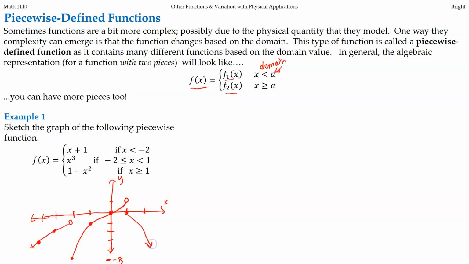I'm not going to spend the time to finish the graph, but that's what it would look like. So you have 3 different pieces, and together they form a function because they pass the vertical line test. Right here would be an instance of concern, but it ends up passing the vertical line test because the hole means the value is excluded and the dot means it is included.